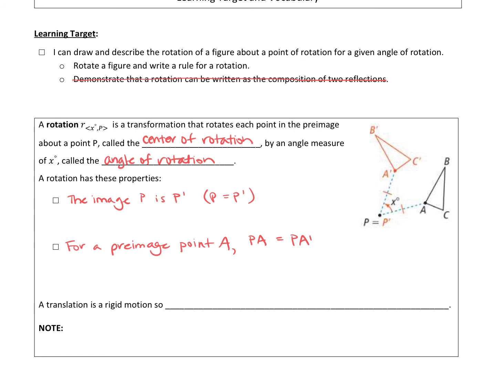A rotation is a rigid motion. So what does it mean when you have a rigid motion? Length and angle measure are preserved.